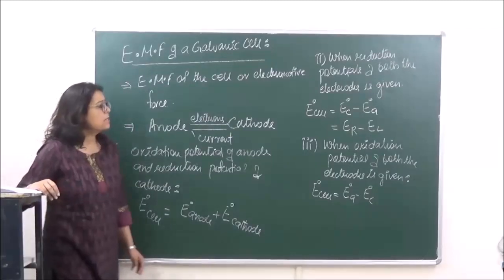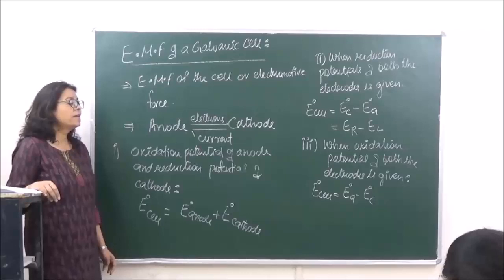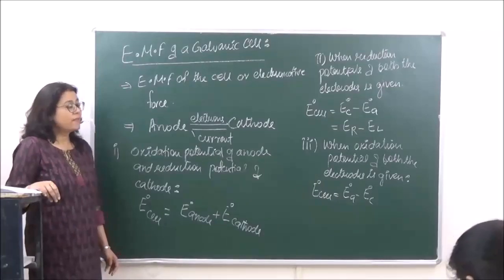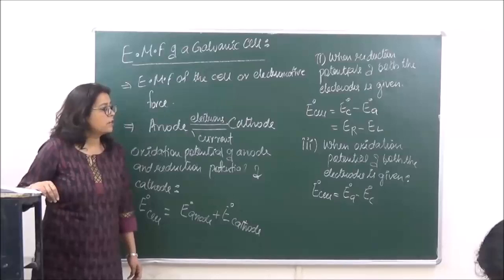Now, as you can see, we are using two different names over here. One is the EMF of a cell and the second one is potential difference. There is a difference between both the terms, as they are not the same.